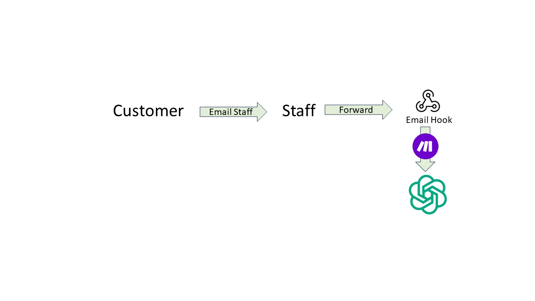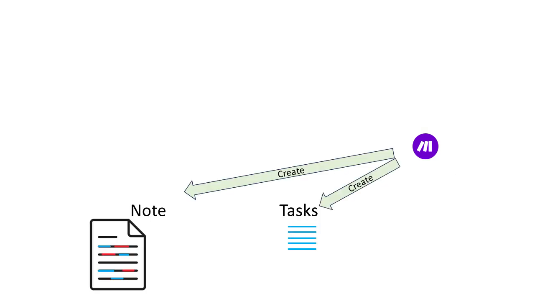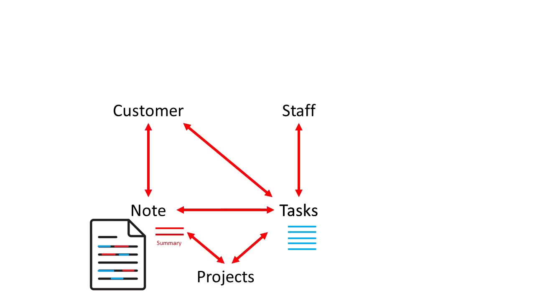Your staff can forward that email to a private address for processing, which will then send it to OpenAI. Automation then creates a note with the email, as well as individual tasks that are extracted from the text, and fully establishes the link between the customer and their note with accompanying tasks, assigning those tasks to the staff who forwarded the email to be processed.